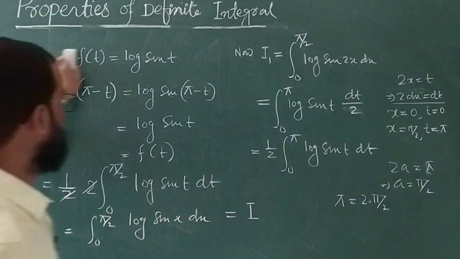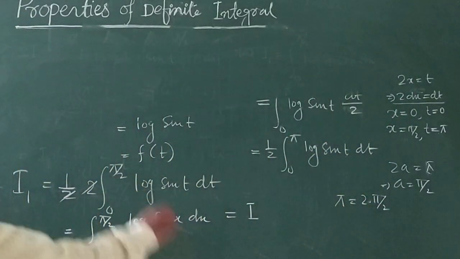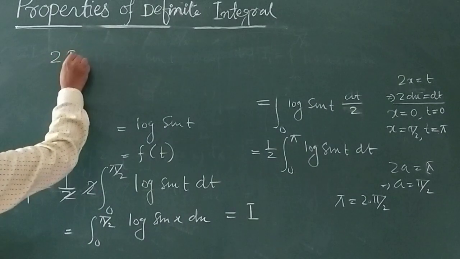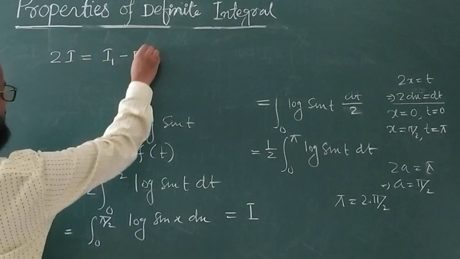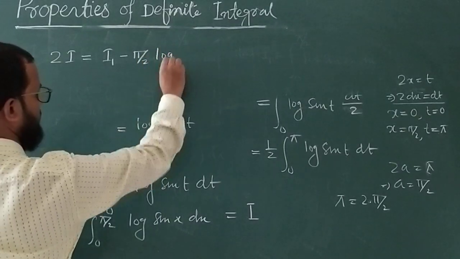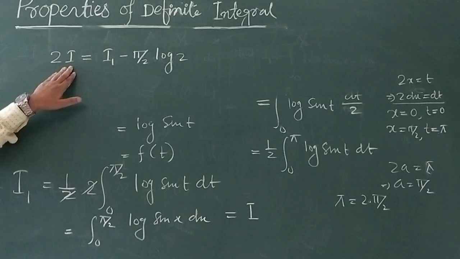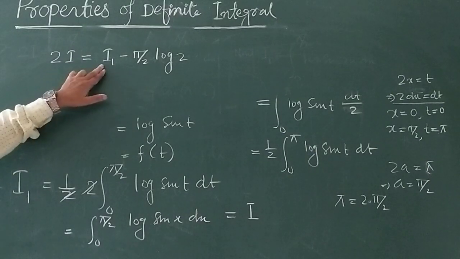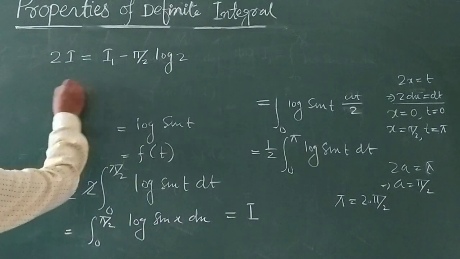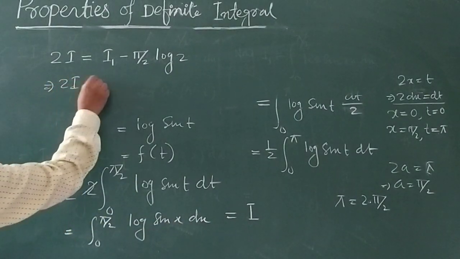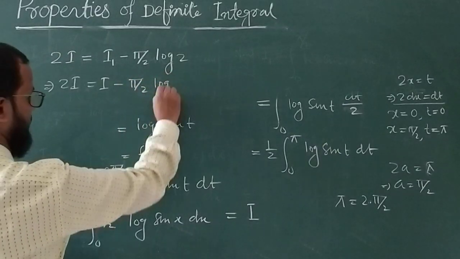Okay, so you get a relation: 2I equal to I1 minus pi by 2 log 2. Your purpose is to find I. So what is I1? I1 is equal to I. So replace it, and this becomes 2I equal to I minus pi by 2 log 2.